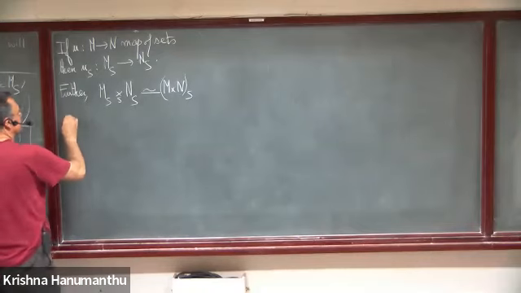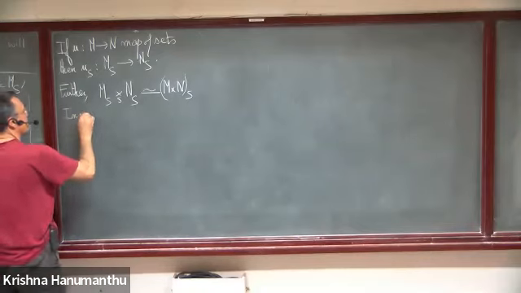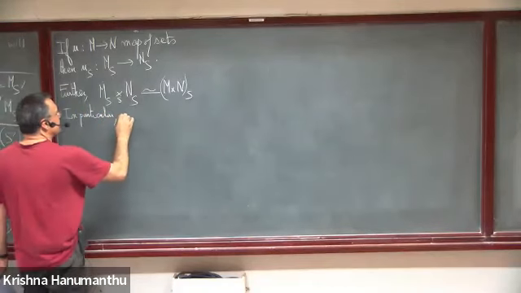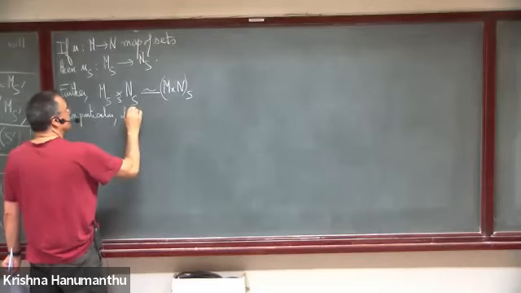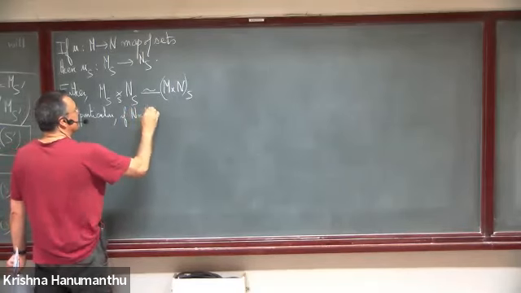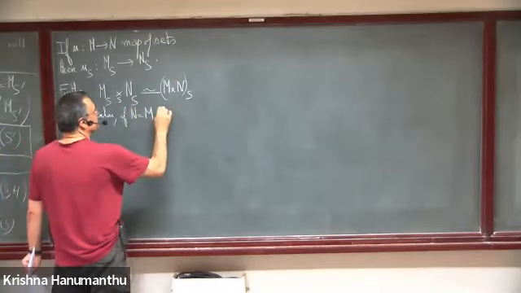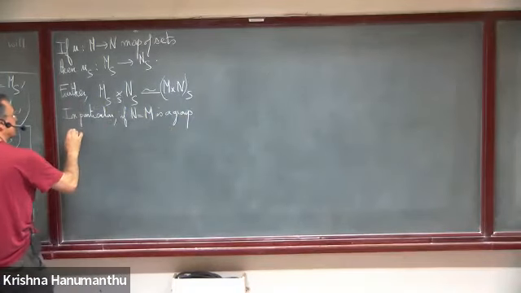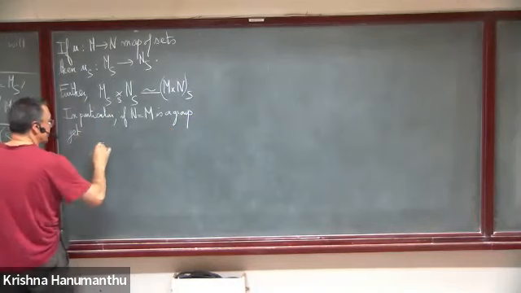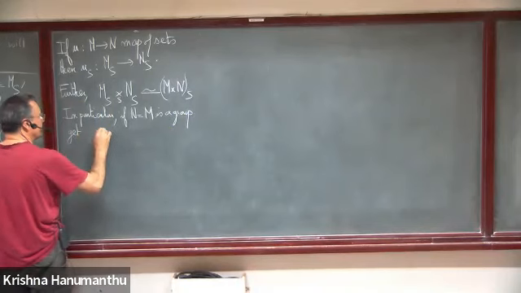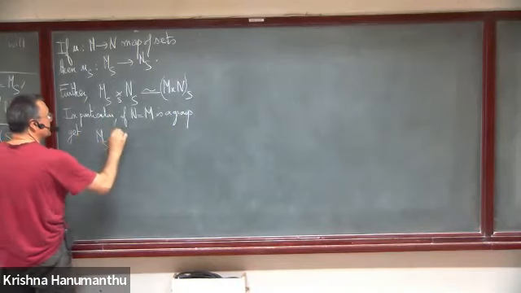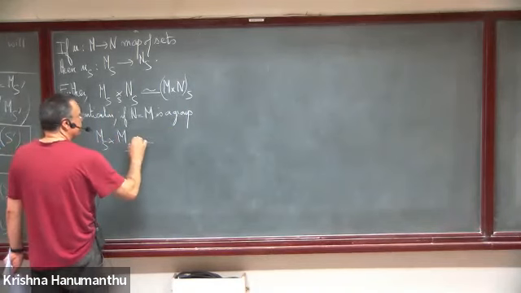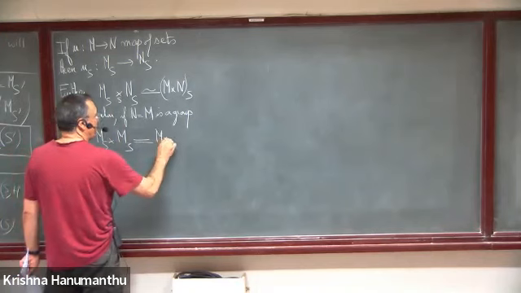And so in particular, if N is equal to M and M is a group, then we get this natural identification.